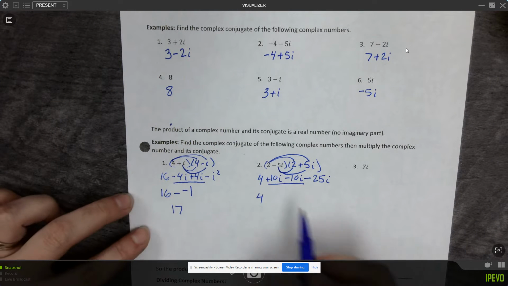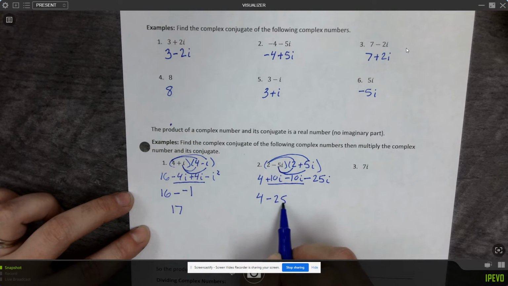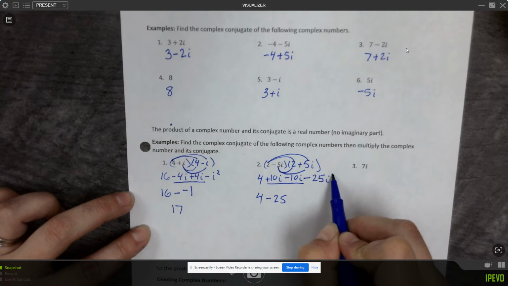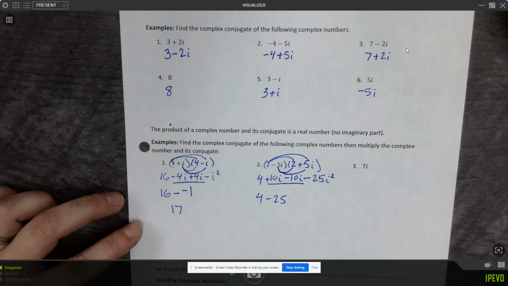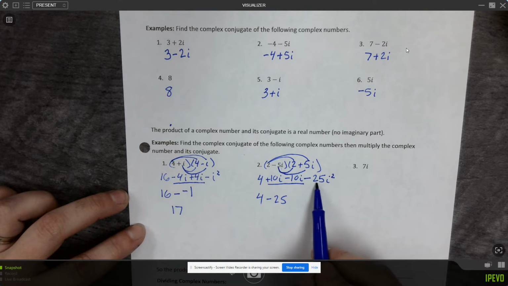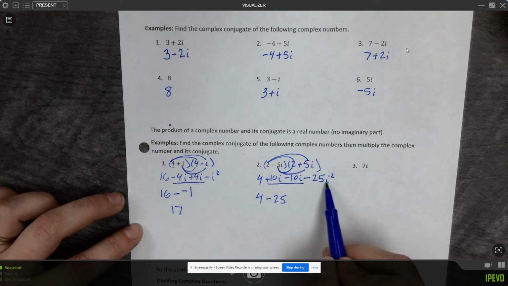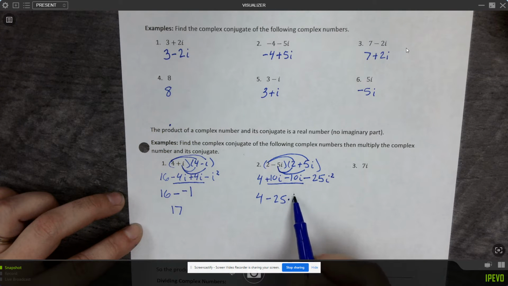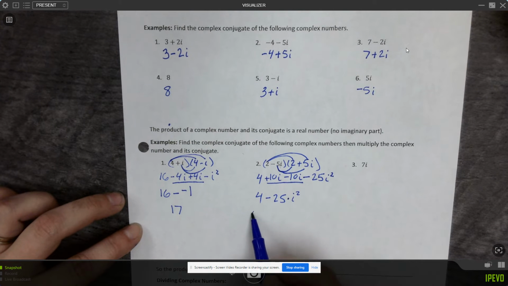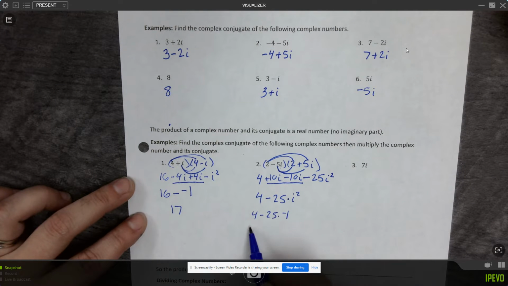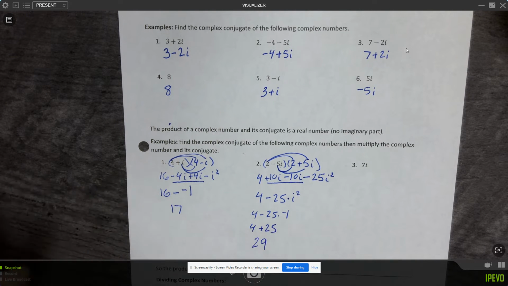That's gone. Then this is minus 25. Oh, hold on. Catching myself. Get a squared on there. 5i times 5i is 25i squared. And then this is negative 25 times i squared, which is negative 1. So 4 minus 25 times negative 1, which is 4 plus 25, which is 29.